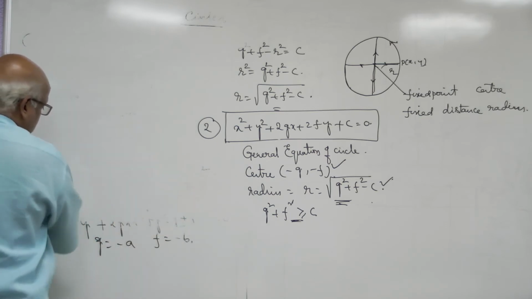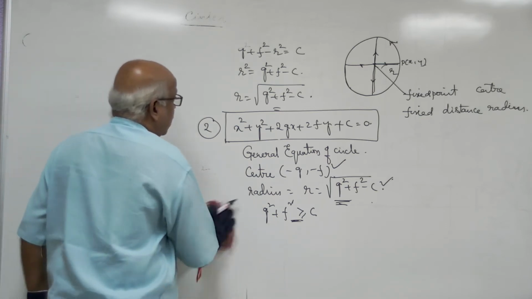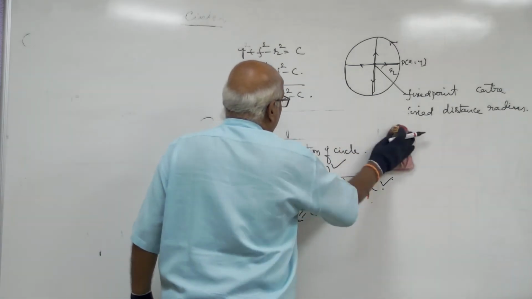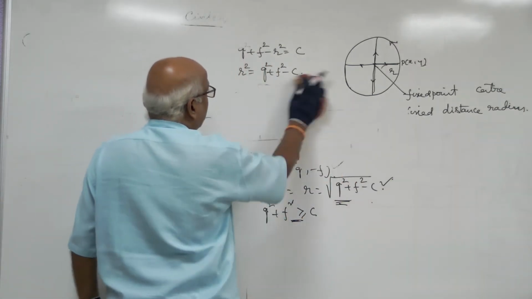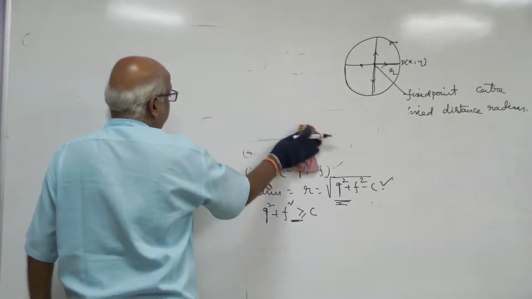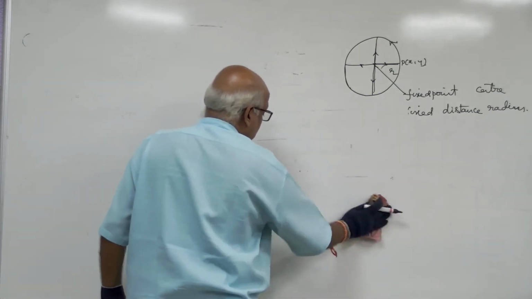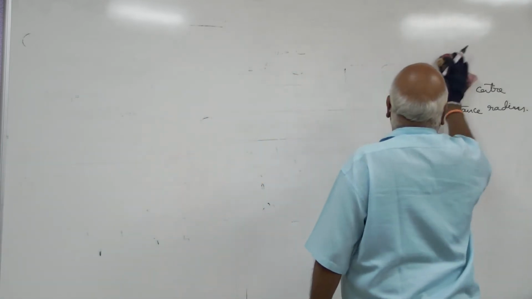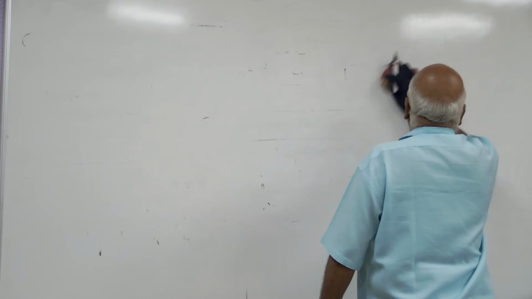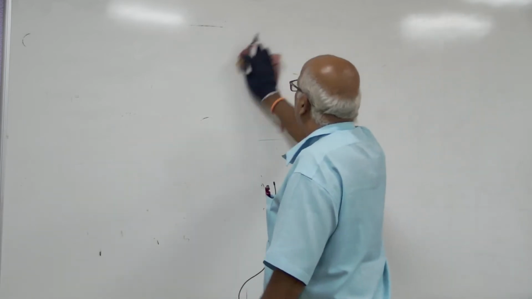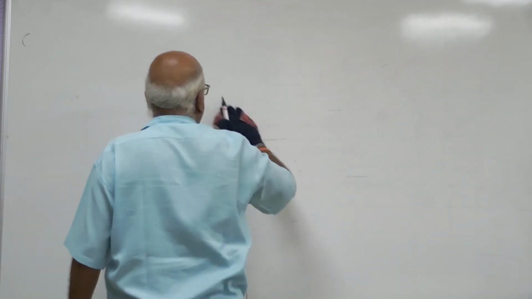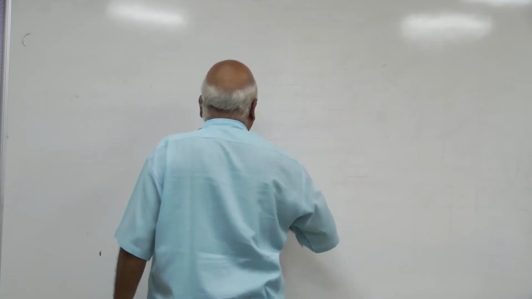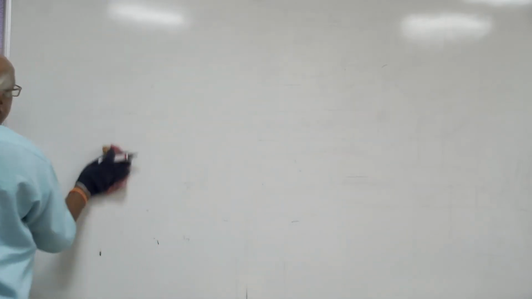Come on, let us take up the third formula, that is the equation of the circle whose extremities of diameter are given.